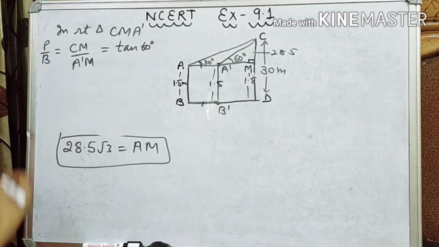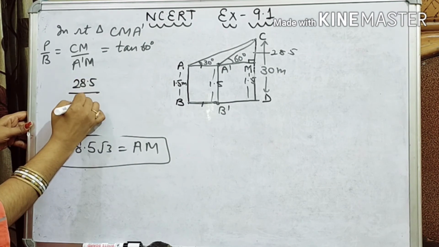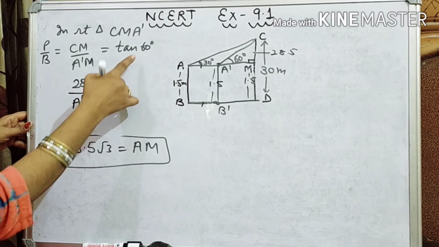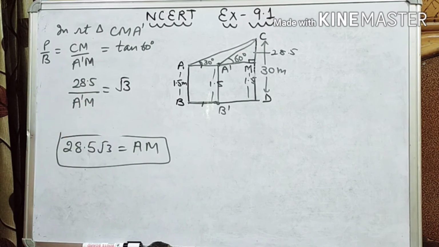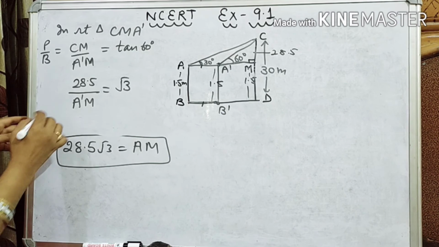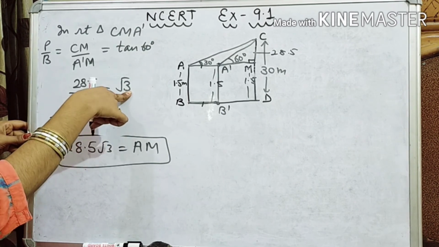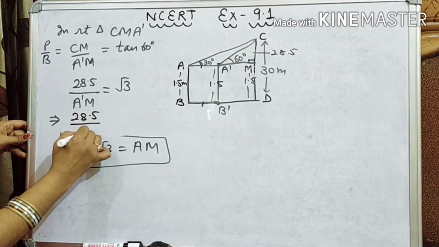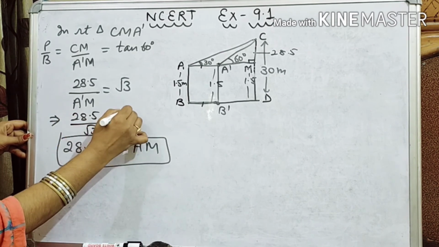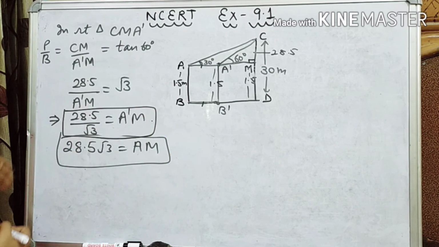So CM again 28.5, A dash M we don't know, and tan 60, you should be aware of the value of tan 60, that means root 3. So from here, A dash M will come here, and root 3 will go here, so 28.5 by root 3 is A dash M. This is the value of A dash M.